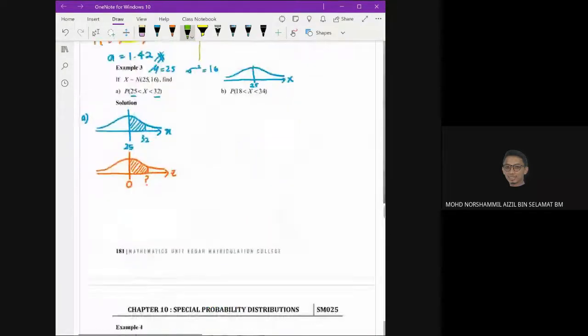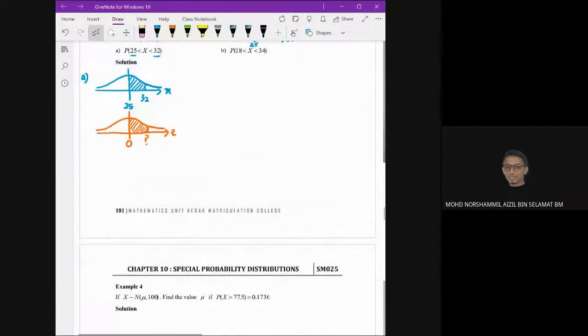Therefore, let's go to our case. 32 here, we can convert to Z: 32 minus mu over sigma.